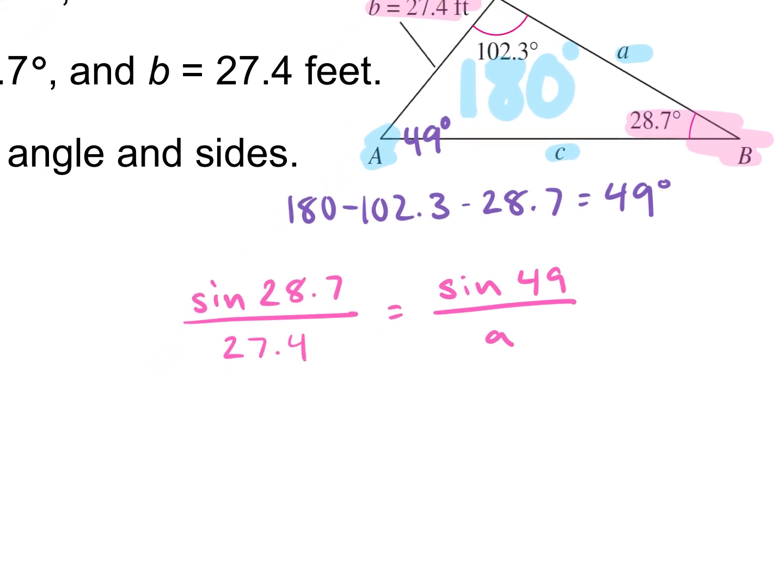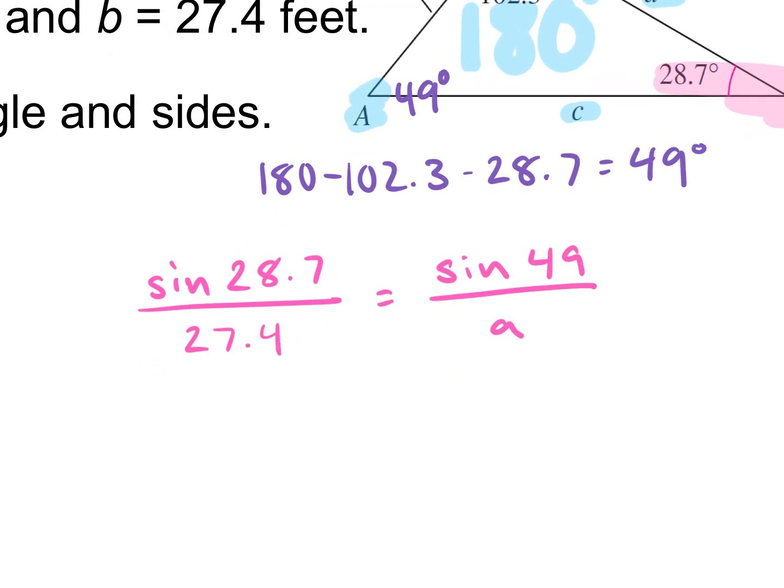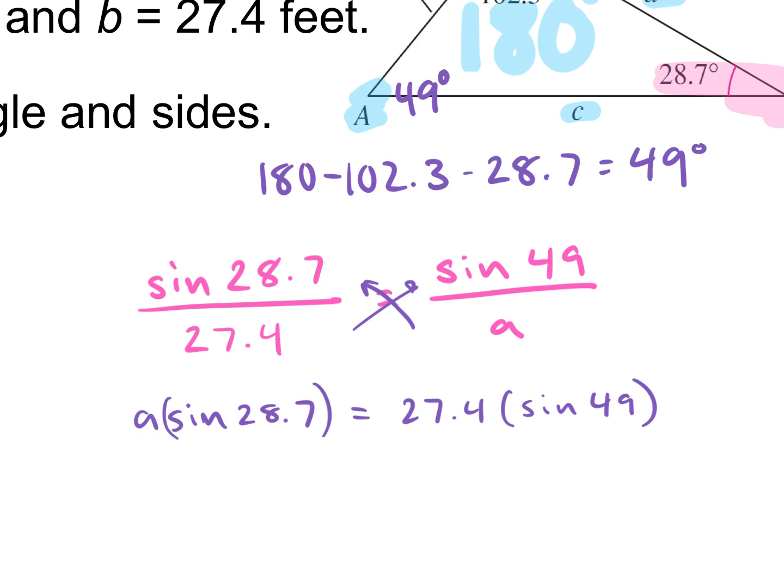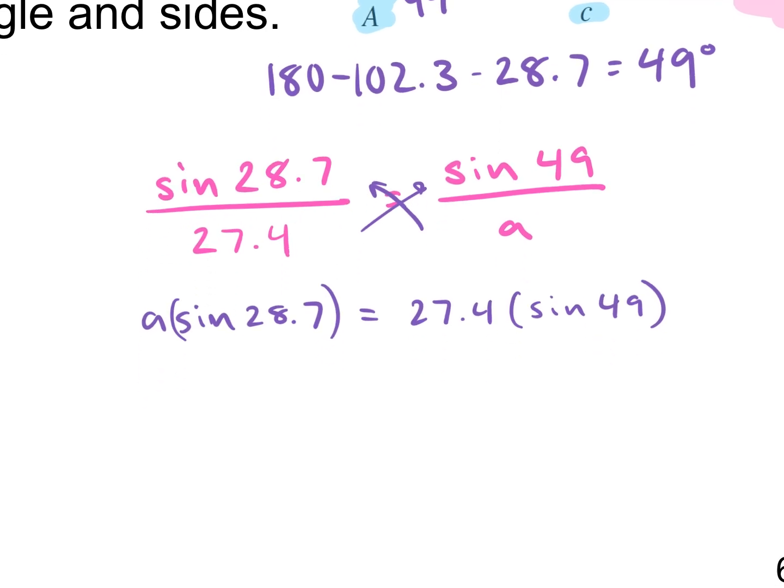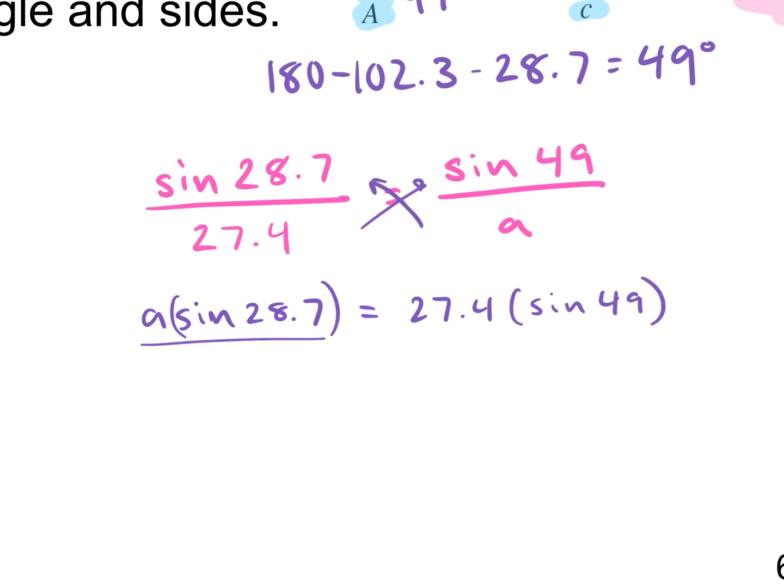Now when we solve for A, we can cross multiply. So we have A times sine of 28.7 is equal to 27.4 times sine of 49. Then to get A all by itself, I can divide both sides by sine of 28.7.